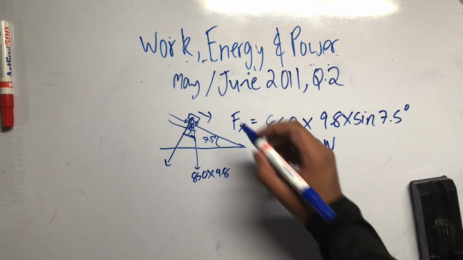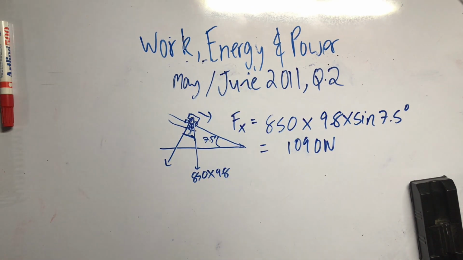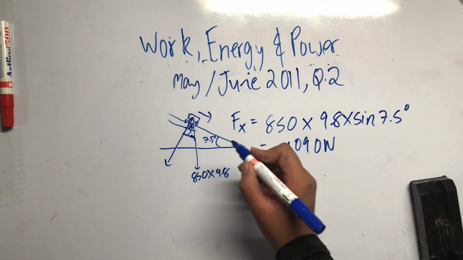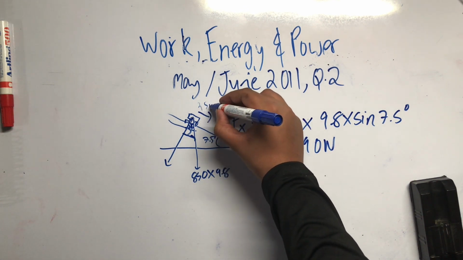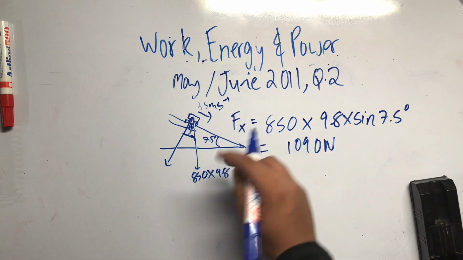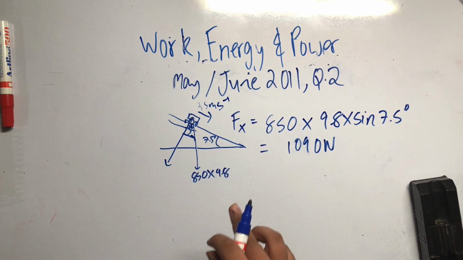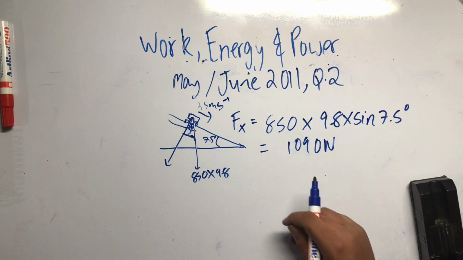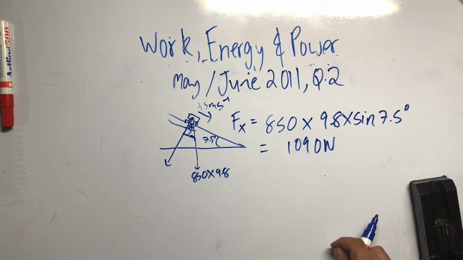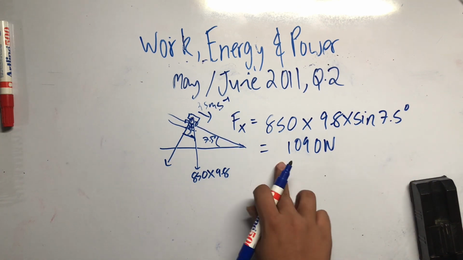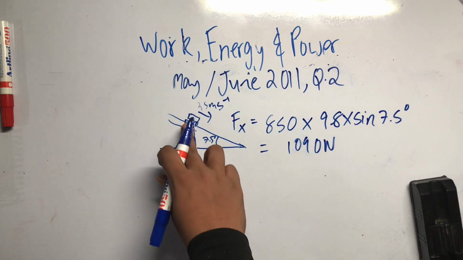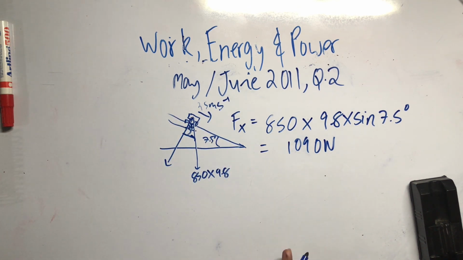Right now the car is traveling at a constant speed of 25 meters per second, so at this point the acceleration of the car is 0. But when the driver applies the brake, the resistive force is greater than the applied force, which here is due to the weight of the car.